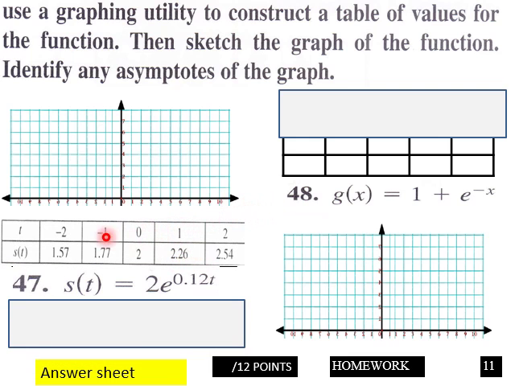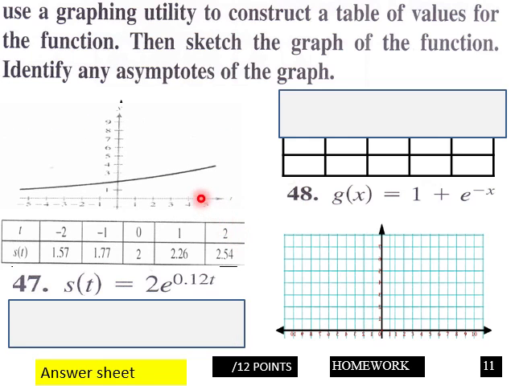Here is the table that you should get once you enter that into your y1 equals. Go to table, and you should get this table here. And then here is your graph. After you hit graph, this is what your graph should look like. And then your asymptote would be y equals 0, which is your x-axis. So that would be your horizontal asymptote.